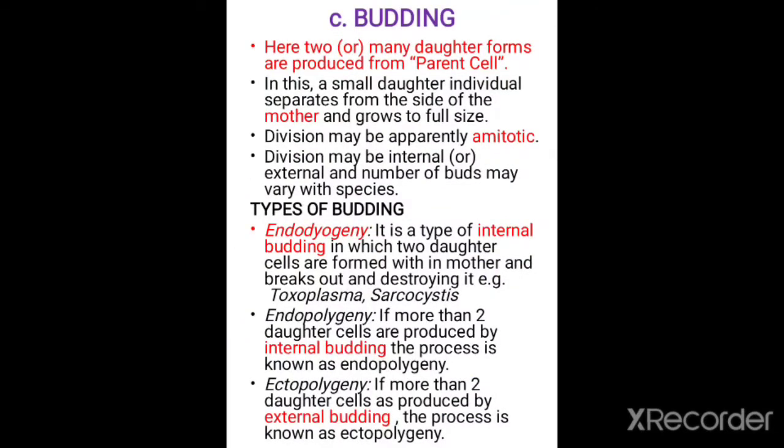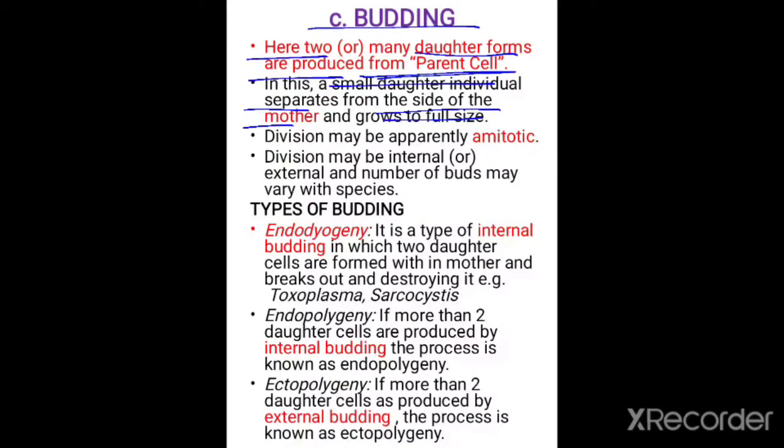Now let us come to budding. It is the other type of asexual reproduction. Here, two or many daughter forms are produced from a parent cell. In this, a small daughter individual separates from the side of the mother and grows to full size.